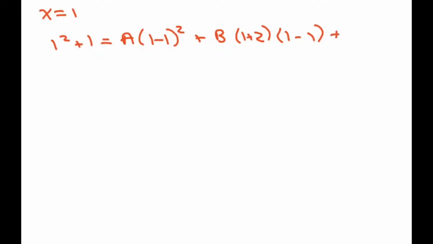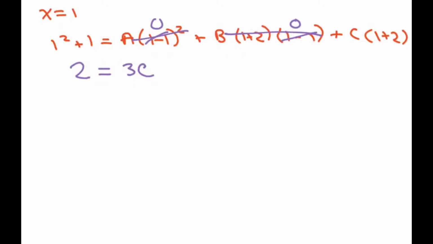And then we have plus C times 1 plus 2. And again, this is 0, this is 0, so it just cancels that out. So now we're going to have 2 equals 3C. So C equals 2/3.